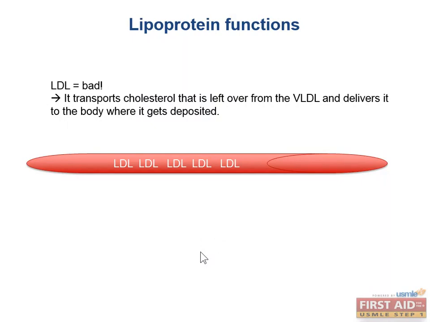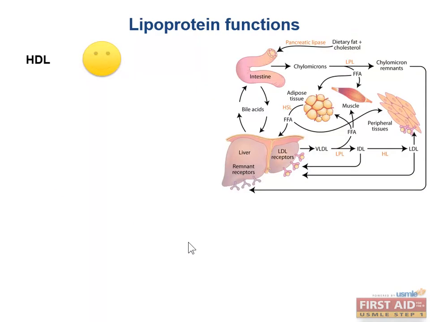Oxidation of LDL causes macrophages to recognize it as a pathogen, so they endocytose it and become foam cells, which is going to be the beginning of atherosclerosis. Oh, what a scary word, atherosclerosis. You'll hear more about this in the cardiovascular section, but just realize that high LDL levels contribute to the formation of atherosclerotic plaques.